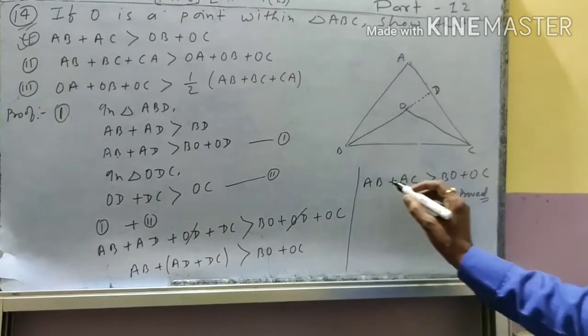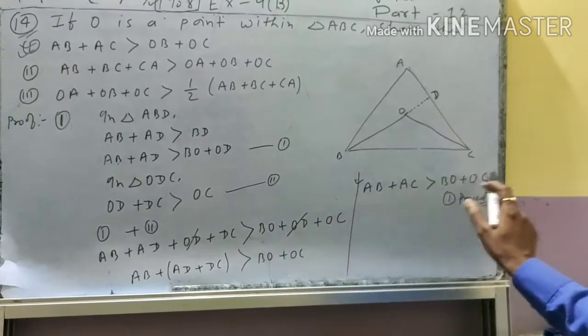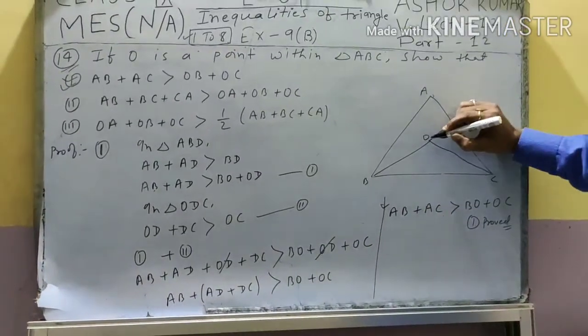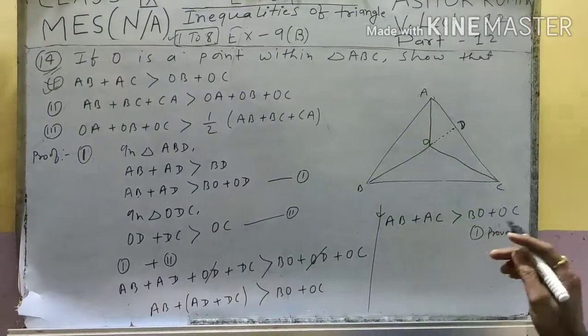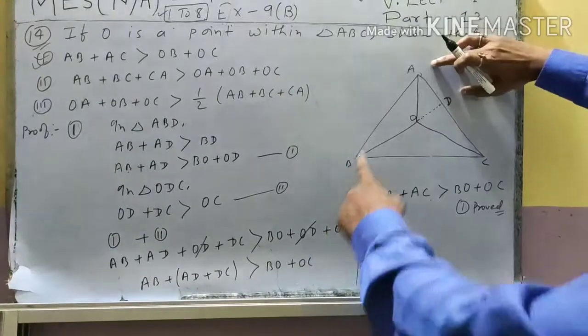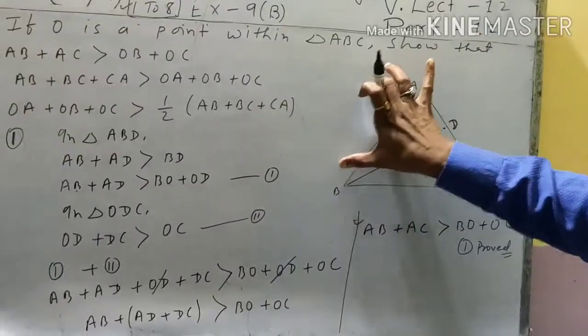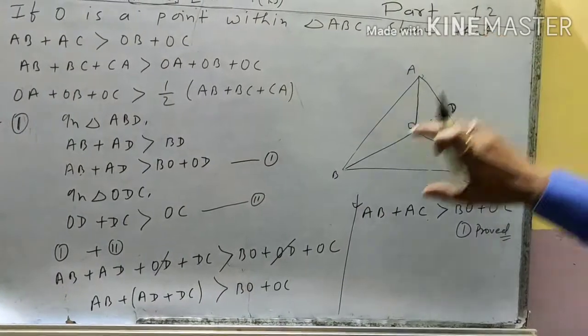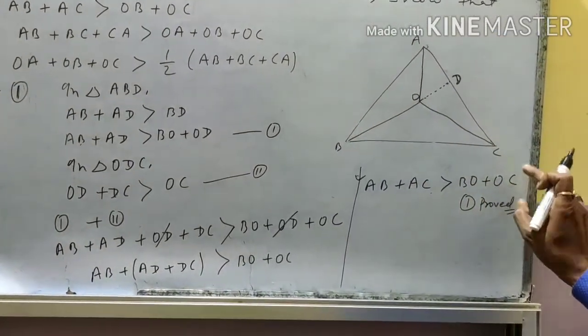Okay, and here three different conditions occur in this expression. Okay student, suppose joining OA, so in this triangle ABC, AB plus AC is greater than OB plus OC, already proved here.